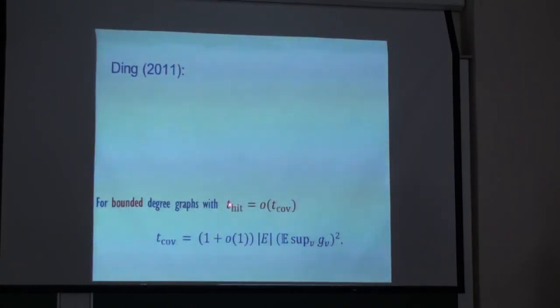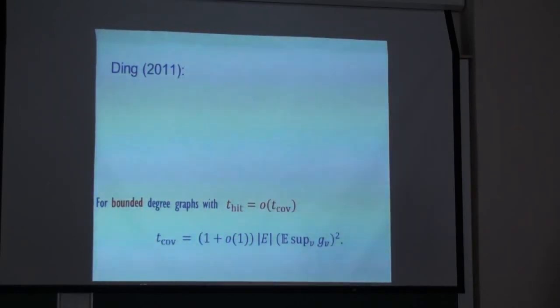He proved that, again, if the hitting time, what we called before H max, is little o of the cover time, then the cover time is really asymptotic to the number of edges times the squared maximum of the Gaussian free field. But unfortunately, he could only show it for bounded degree graphs and not in the generality of our general theorem, so that's still a challenge.